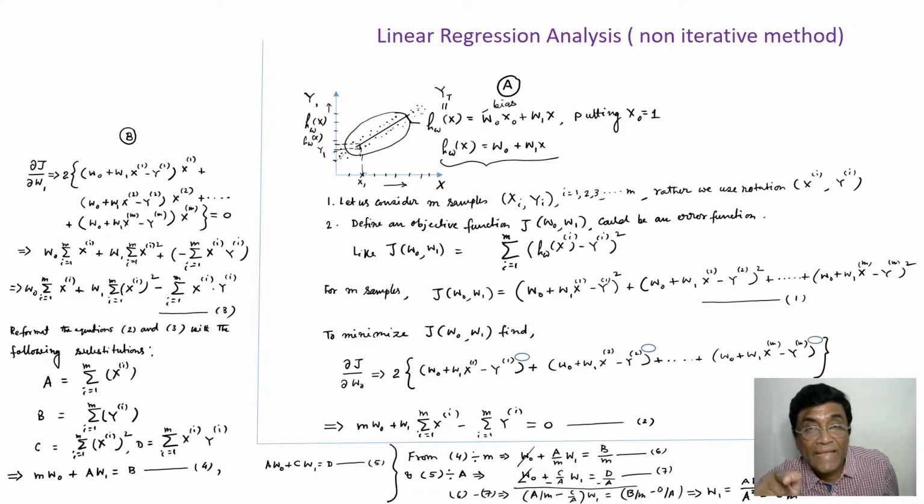Corresponding to some x value, my design is predicting some value, and corresponding to that same x value, I have some actual y value. The difference between them is the error. This is the error, the difference between my predicted value and the ground truth.